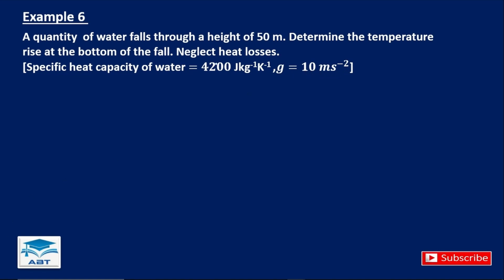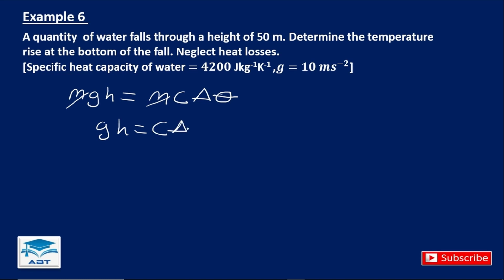We are neglecting heat losses, so it means that all the potential energy is equal to heat energy. So potential energy mgh is equal to heat energy, mass times specific heat capacity times change in temperature. Now we cancel out the mass and we have gh is equal to c times change in temperature.